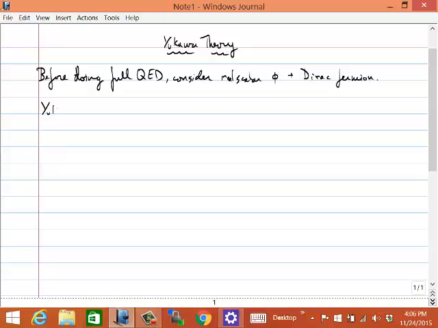This theory is actually quite famous, and it's quite important for a variety of reasons. It's known as the Yukawa theory, and in fact, it was developed as a theory of the strong nuclear force.